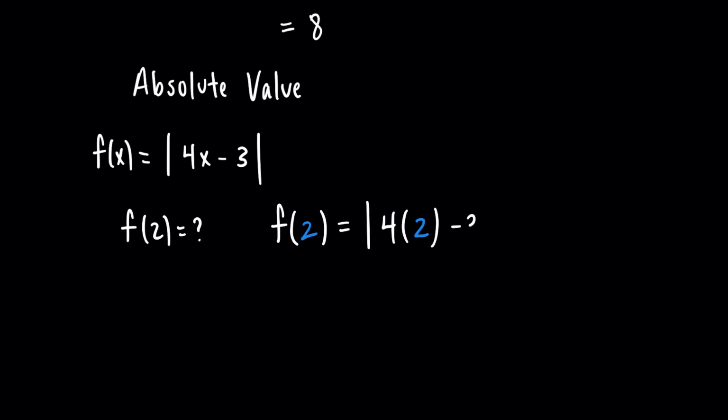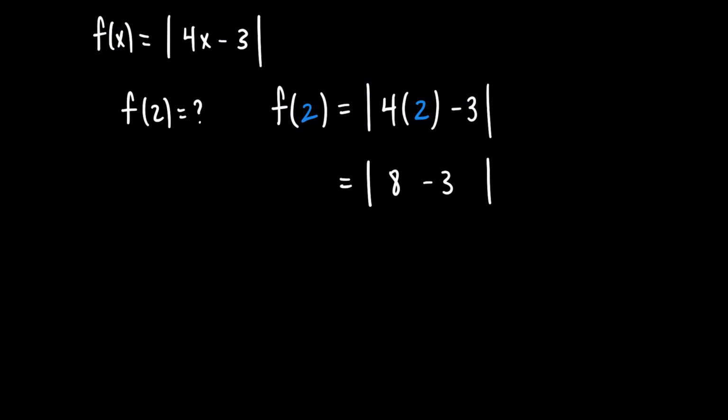So 4 times 2 minus 3. And so if we simplify this, we will get the absolute value. We're going to leave the bars alone. The absolute value of 4 times 2 is 8. This may seem a little unnecessary, or as you guys would say, extra, but it's nice to just be very clear on the steps. 8 minus 3 is 5, so we're going to do the absolute value of 5.